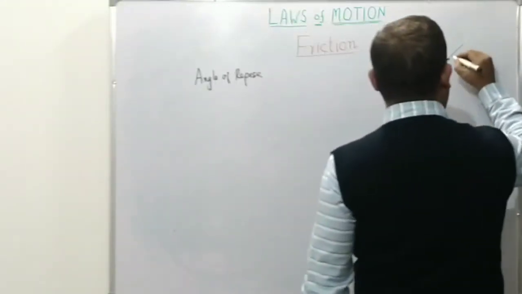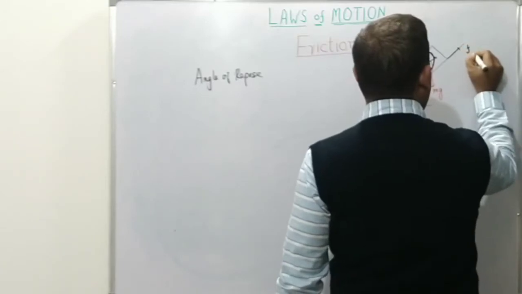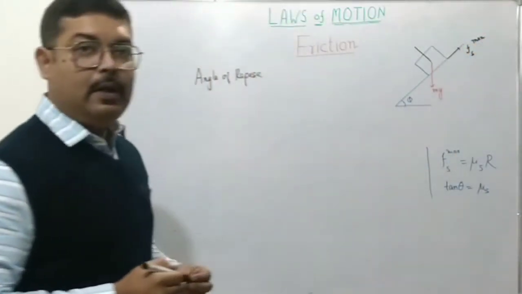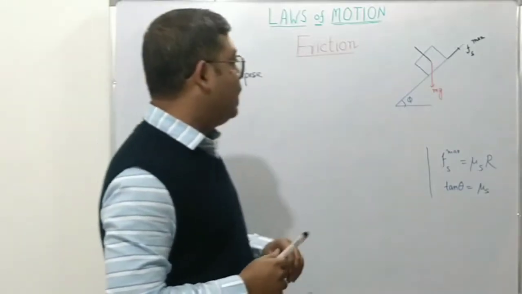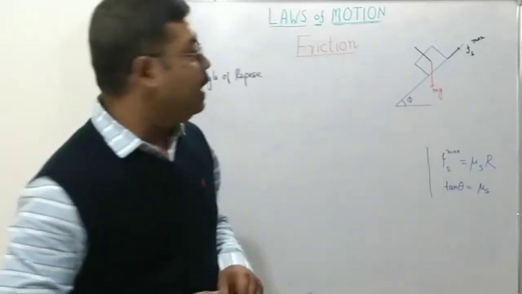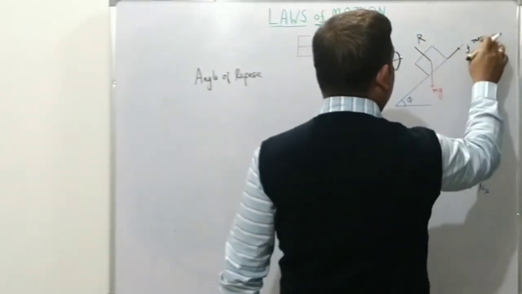Along the interface, there will always be Fs max, the maximum amount of static friction, the limiting friction. So these are the three different forces that are acting: weight, the reaction force, and the frictional force.